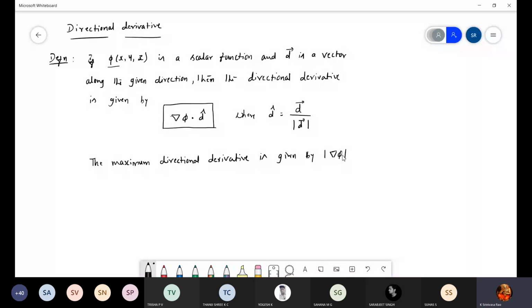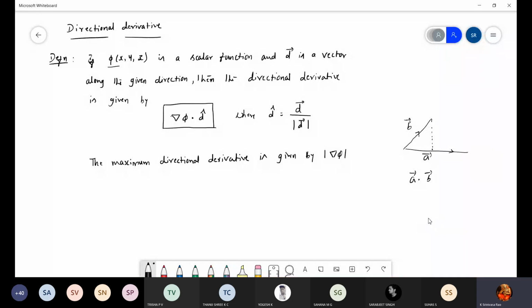Whatever the vector, dot product of two vectors gives a projection. Say this is vector A, this is vector b. Vector a dot vector b gives the projection of vector b on vector a or projection of vector a on b.